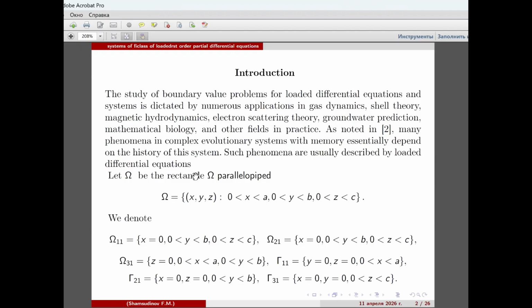Let omega be the rectangular parallelepiped.